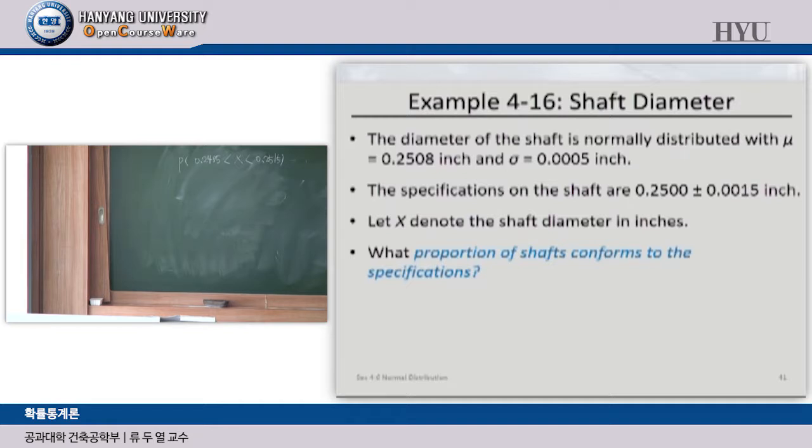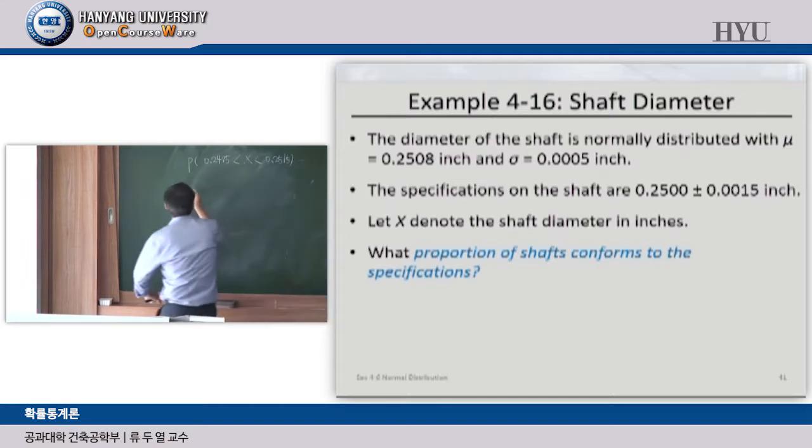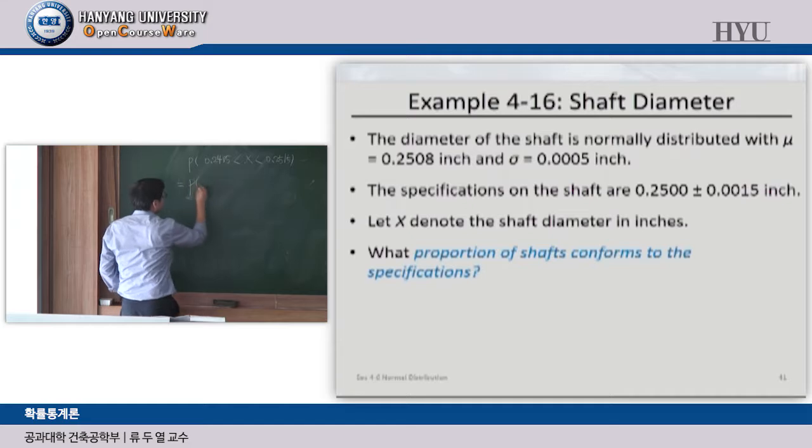So the proportion of shafts which conform to the specification should be between 0.2485 and 0.2515, right?